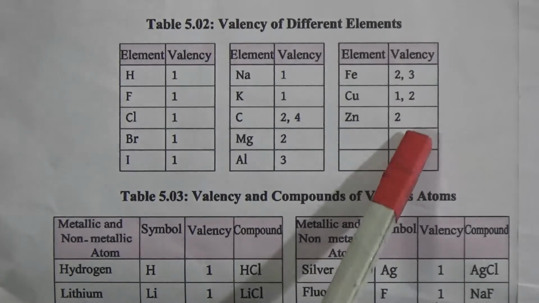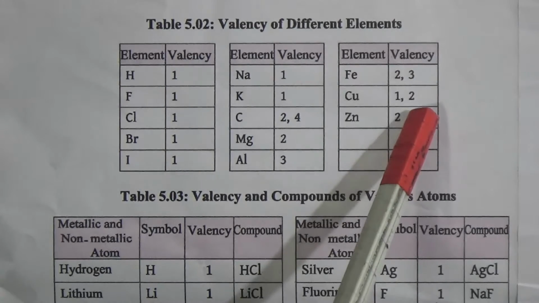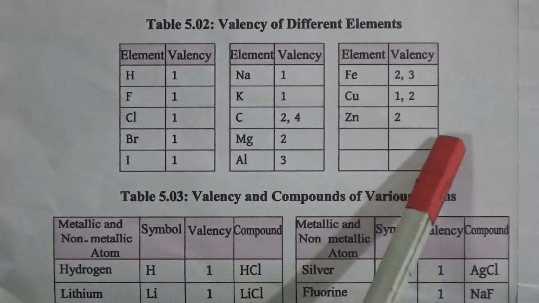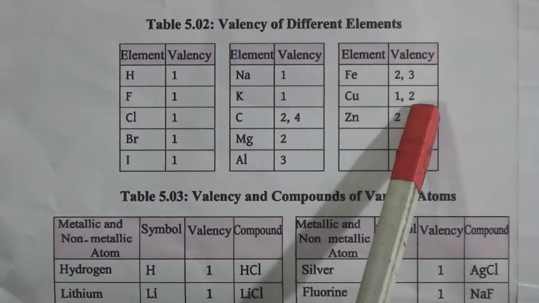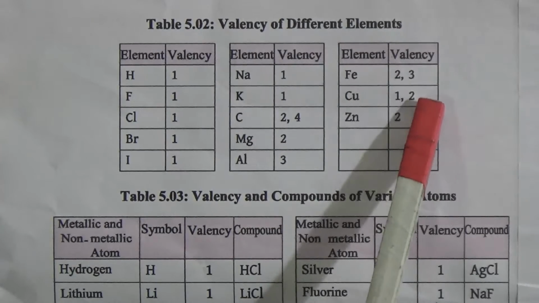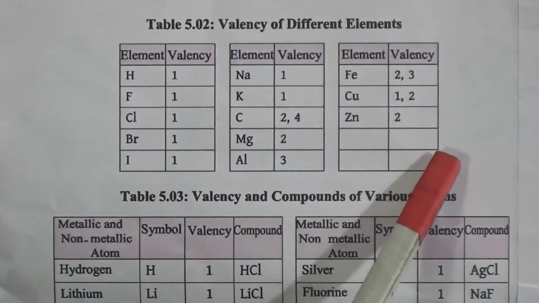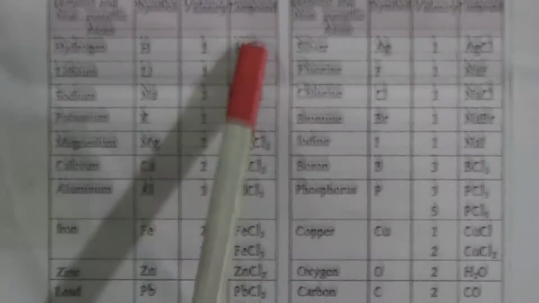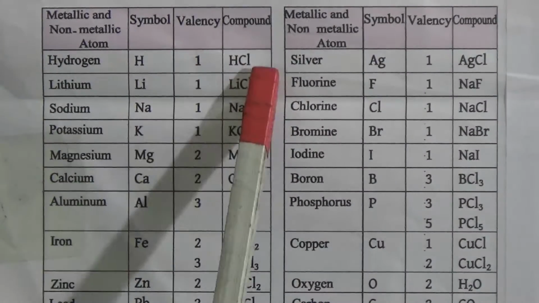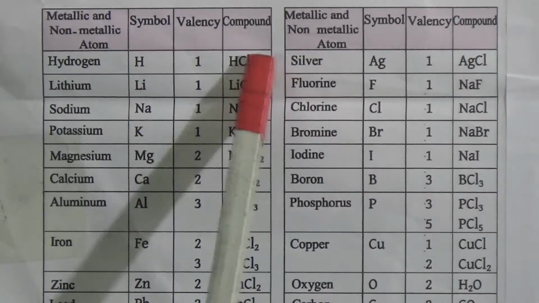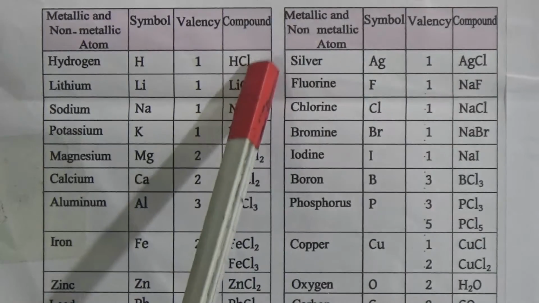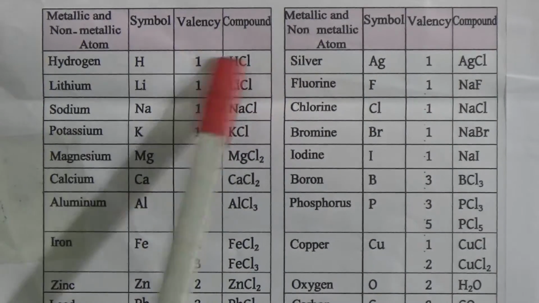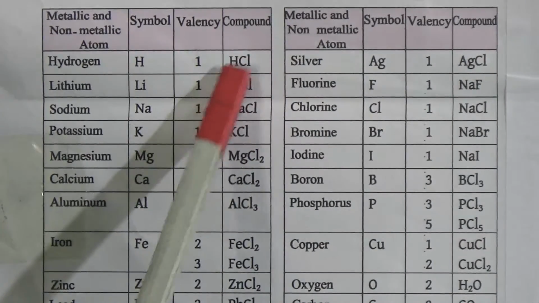If an element has only one valency, its latent valency will be 0. If you observe here, 1 hydrogen bonds with 1 chlorine, and both valencies are 1, so no number is written. That means hydrogen chloride.